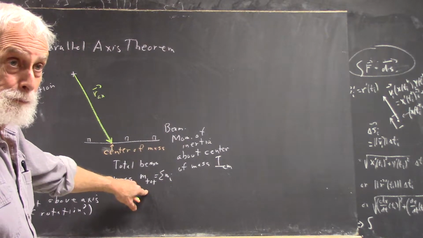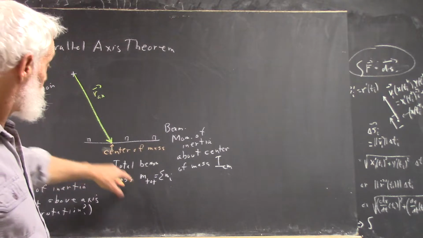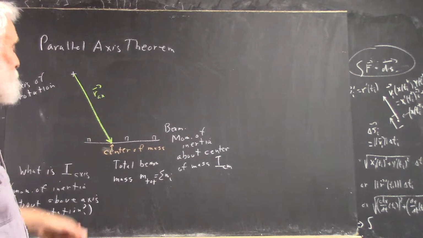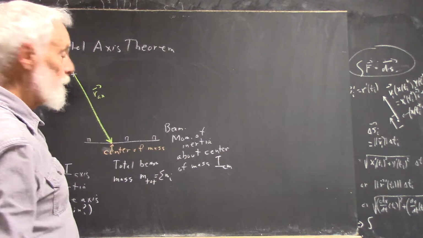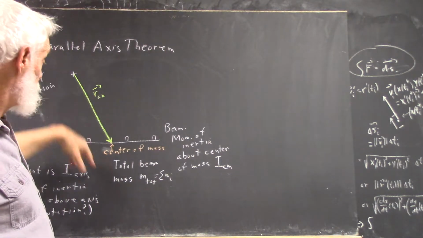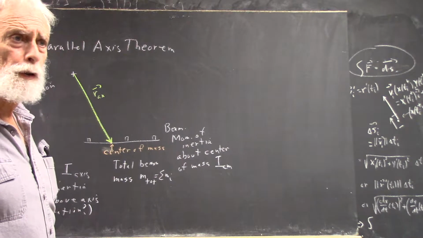That makes sense? So what's the moment of inertia about this axis? Because this thing's flying along here, it's going to collide with something else that's rotating about this, and we need to figure out just how that's going to work out, okay?